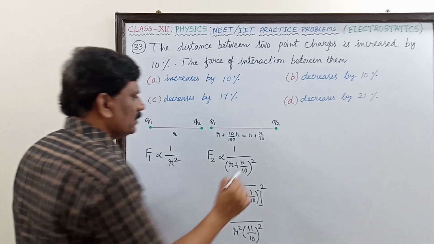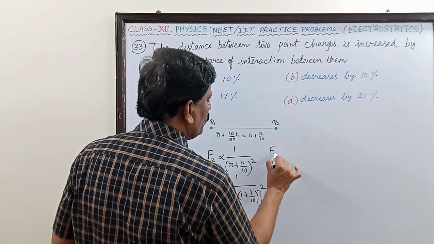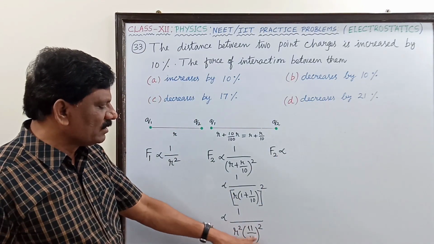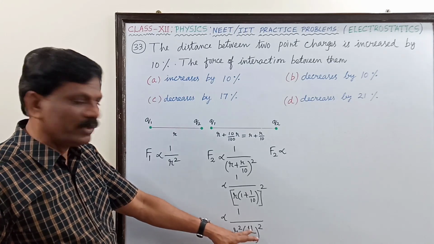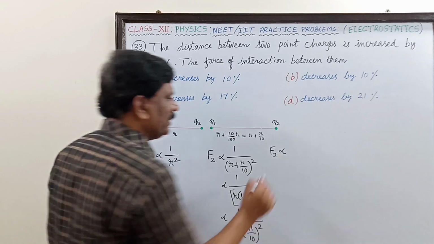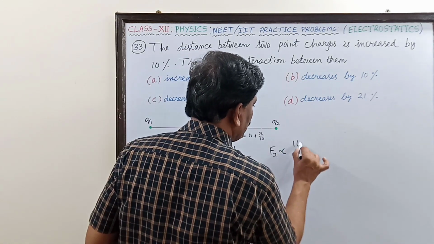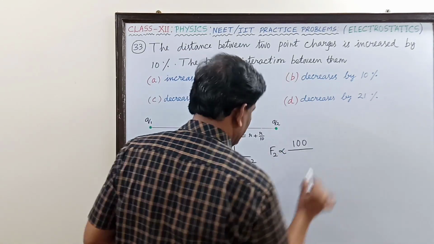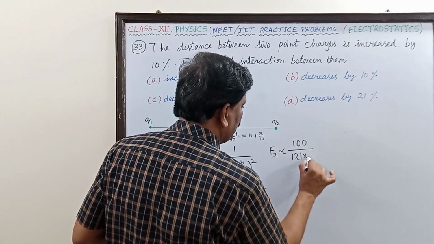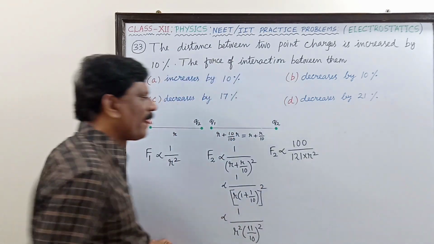Okay. So I will write F2 is proportional to 11 by 10 whole square, which is 121 divided by 100. So that this 100 will come to the numerator. So F2 is proportional to 100 divided by 121 into R square.